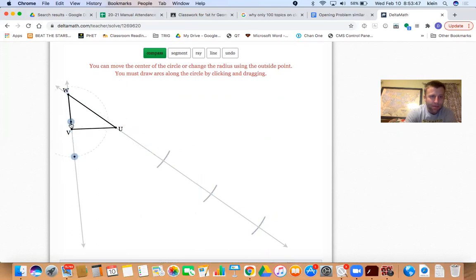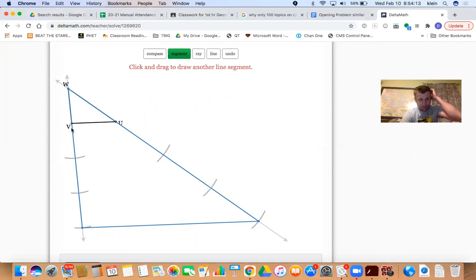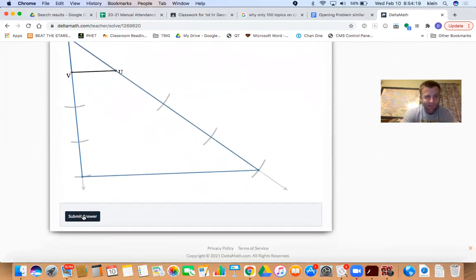There's 1 times, 2 times, 3 times, 4 times. So I'm stretching it out 4 times as far. Now draw your triangle. I go from here to there, back to there, back to there. Do you see how the triangle got 4 times bigger, stretched out, centered at W, meaning W didn't move. It's just these other 2 points stretched out by a factor of 4 with a compass. See if that's right.